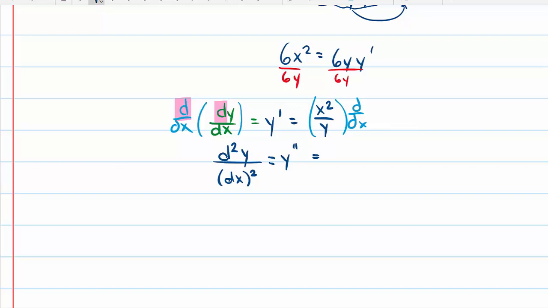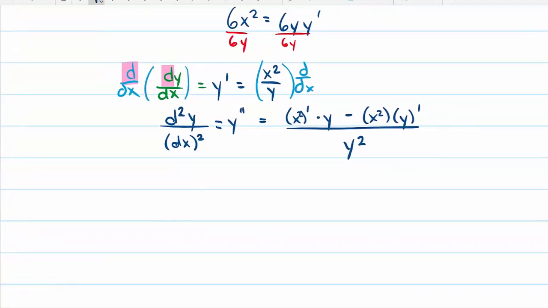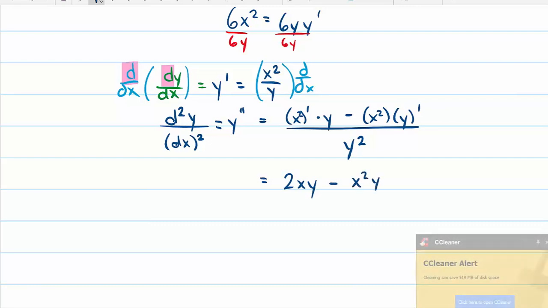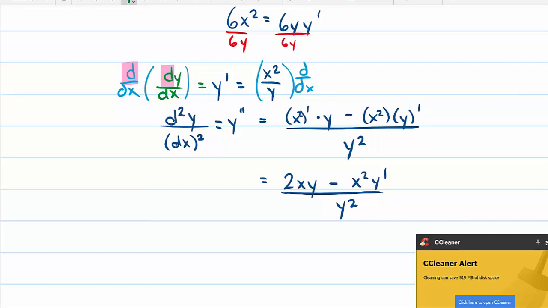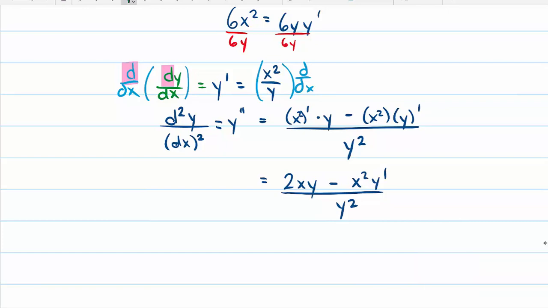That's right, the quotient rule. So we get the derivative of the top, prime, times y, minus the numerator times the derivative of the denominator, all divided by the denominator squared. So we get 2xy minus x squared y prime, divided by y squared. So again, to go from here to here, we're using the quotient rule.